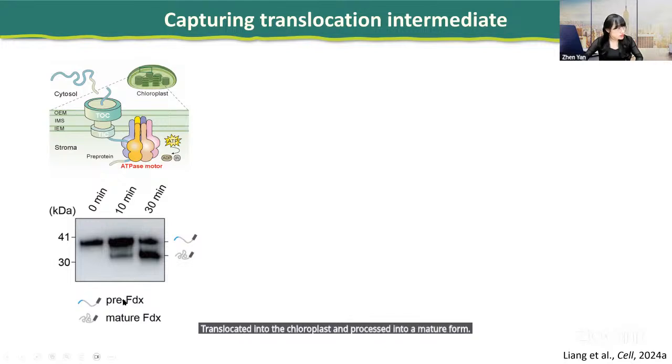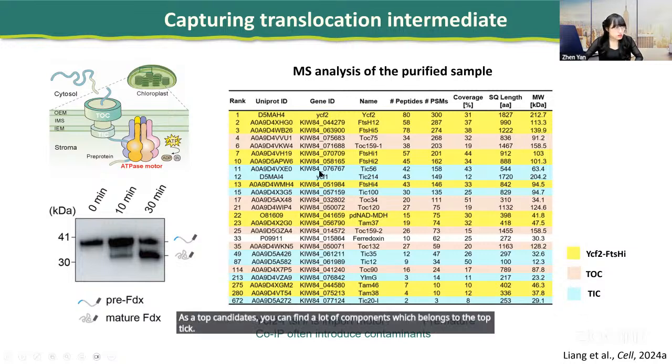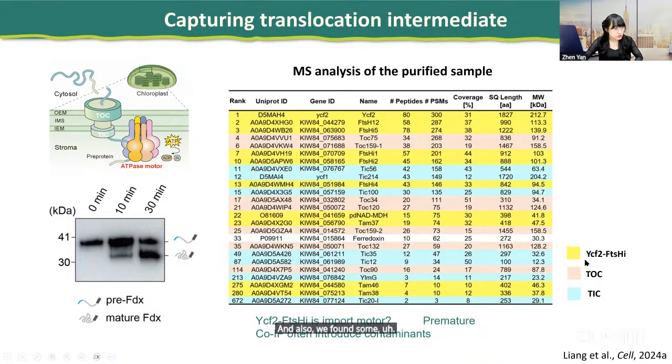And then we stopped the reaction at an intermediate time point. And then we purified the whole complex through the tag on the preprotein. And here shows the mass spec list of our purified sample. In the top candidates, you can find a lot of components which belong to the TOC-TIC, and we also found some components belonging to the YCF2-FtsHi complex.